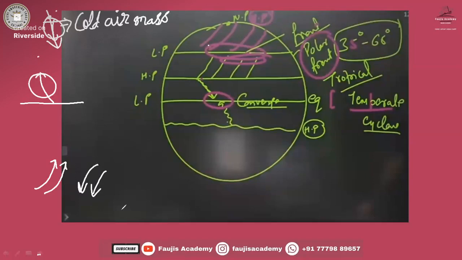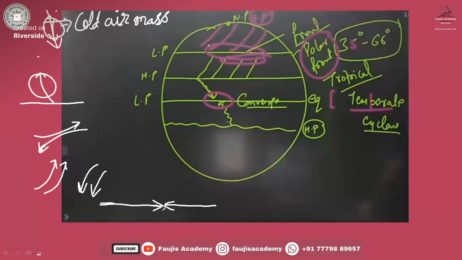So now, for understanding how the front formation happens, you all know that when convergence of two different air masses happens, what will happen? You all studied even in the plate parts, that the continental part, which is less dense, will go upwards, and the oceanic part, which is more dense, will try to subside.